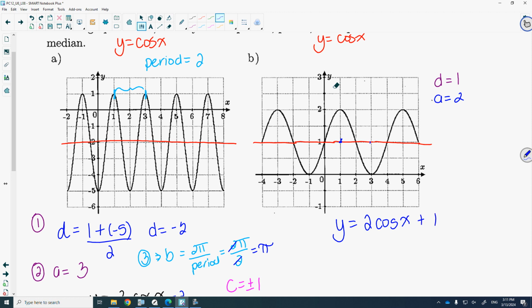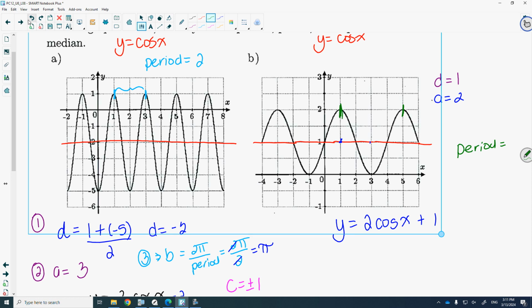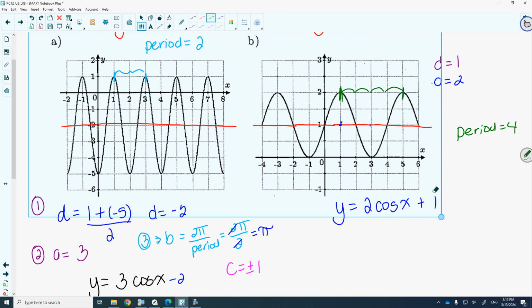From here, figure out what the period of the graph is. So the period of the graph, if you could measure peak to peak, measure peak to peak. So from here to here is, how many boxes would that be? So I've got 1, 2, 3, 4 boxes. Each box is worth 1 unit, right? So my period is going to be 4. Now the period is used to get the b value.